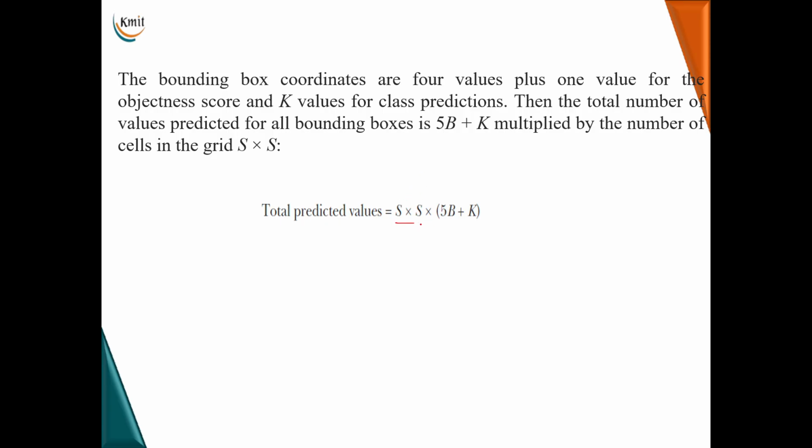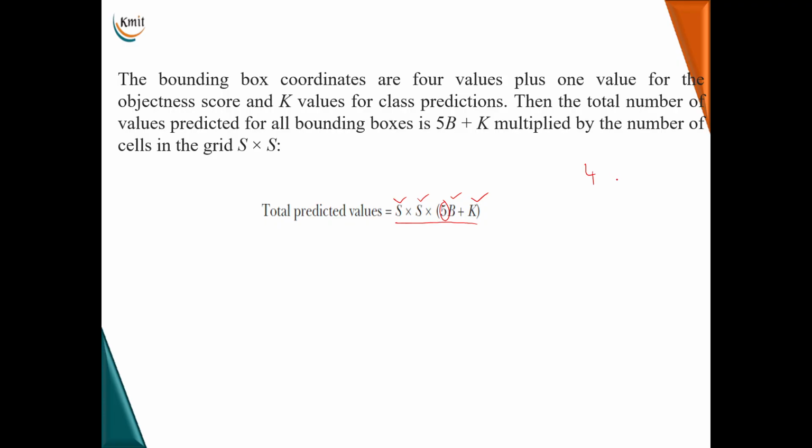How many predictions will be done using this formula? S by S by (5B plus K), where S into S represents the number of grids the input image is divided into, B represents the number of bounding boxes, and K represents the number of object classes. Why did I use 5 here?